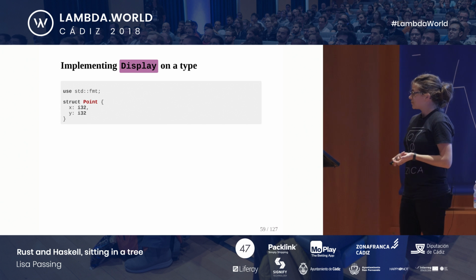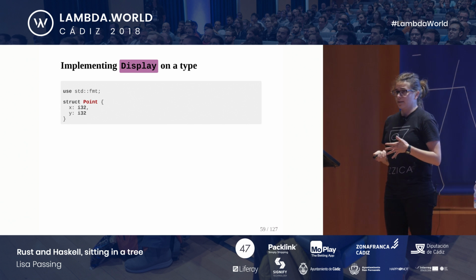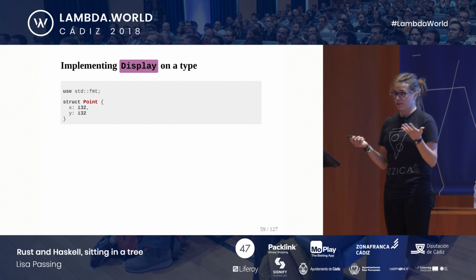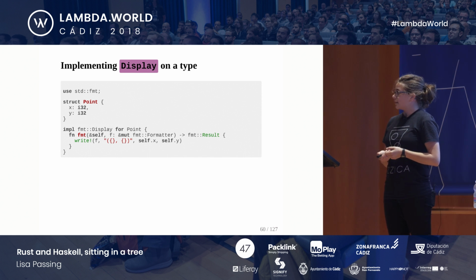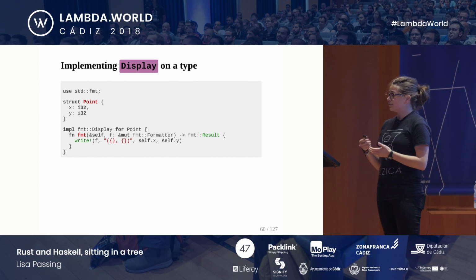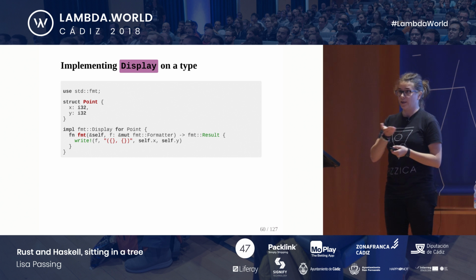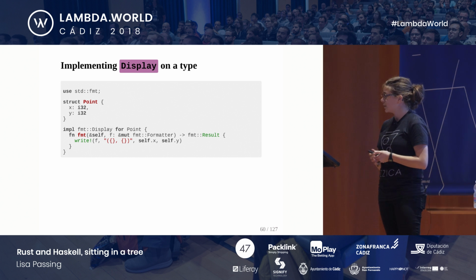We have our own data type. With the struct keyword, we define our own type called Point in this case. We're going to give it an x and a y. It could be a coordinate or something. And then we implement the Display trait for this Point, and then we define the function fmt, format, which we know that we need to implement from the documentation.